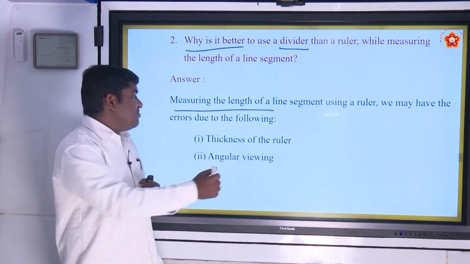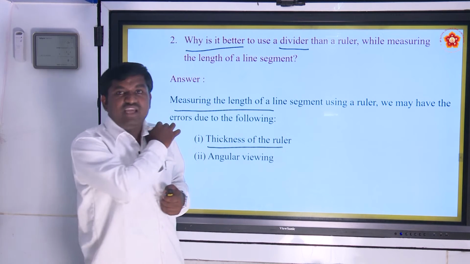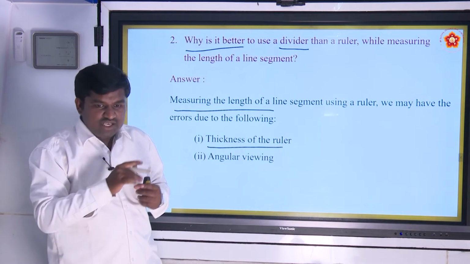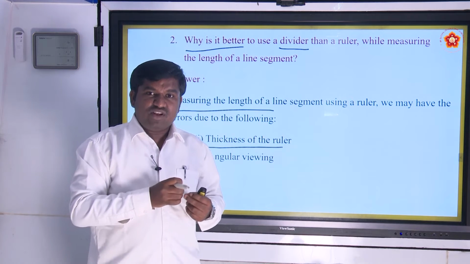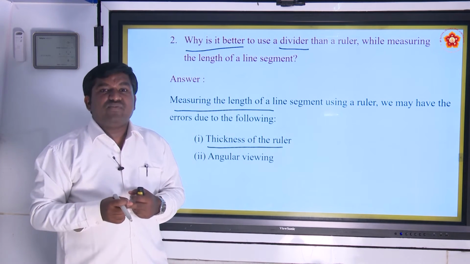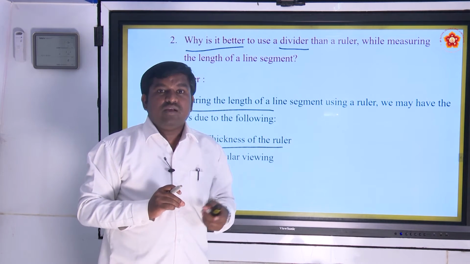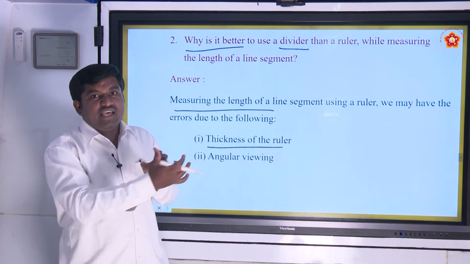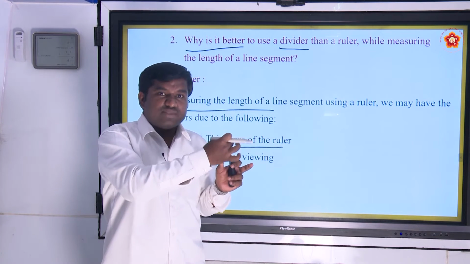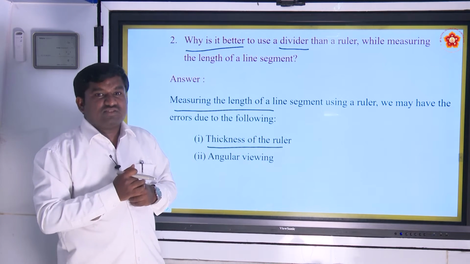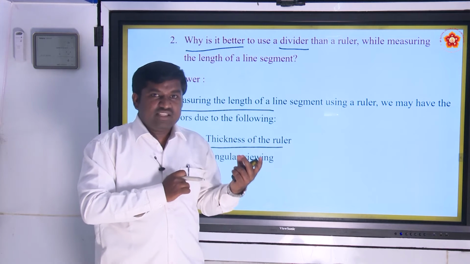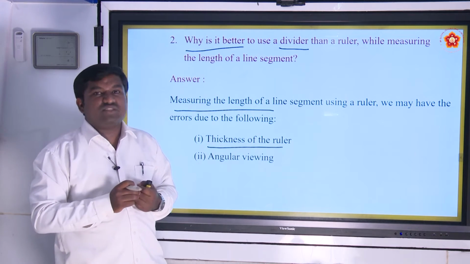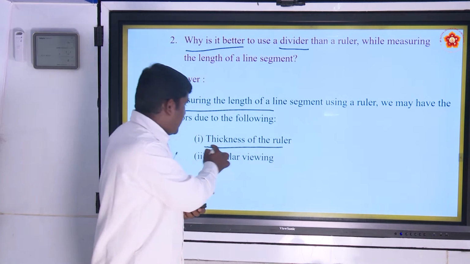Which are those? First one, thickness of the ruler. If the ruler is thick, it causes difficulties in reading the marks on it. In the ruler there are small lines, and if the thickness is much, then it is difficult to read those marks. So that is one error.